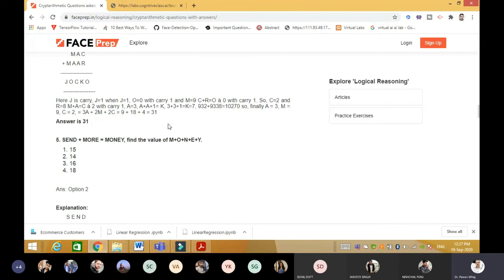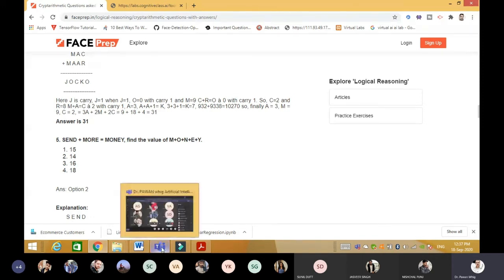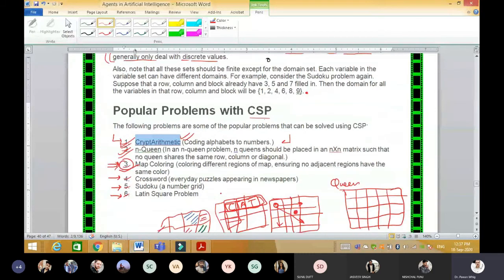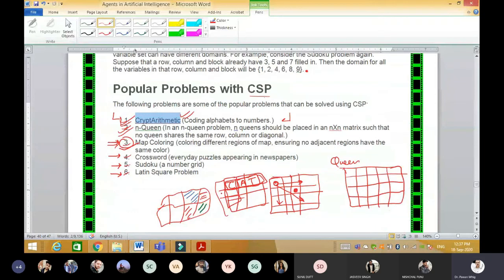Describe it by providing some examples. And one last question: what are the popular problems with CSP?